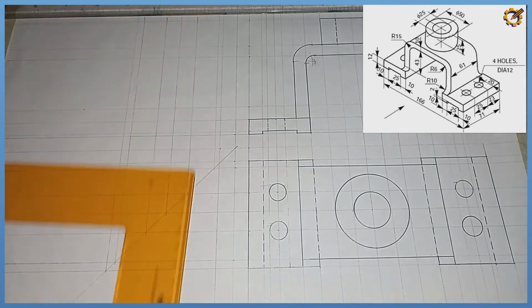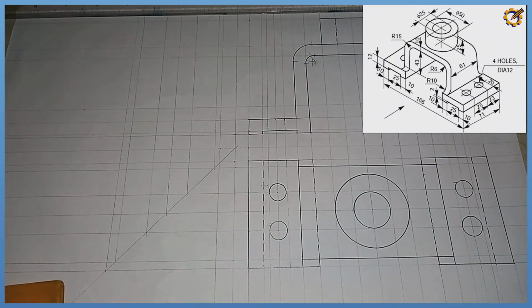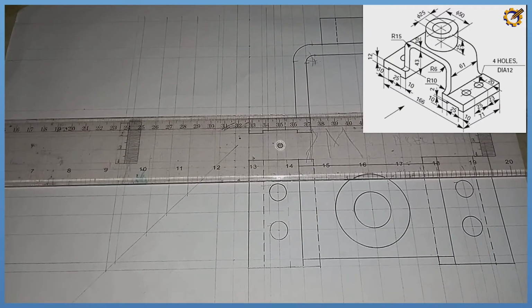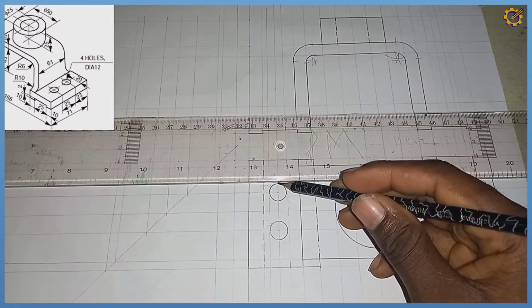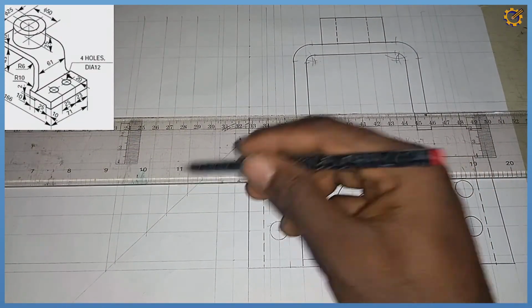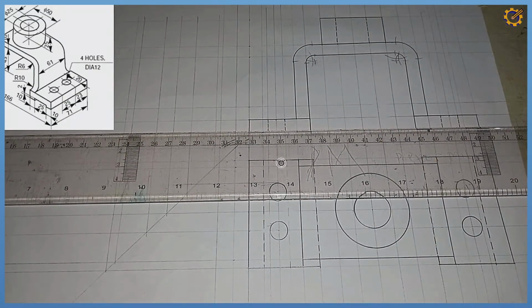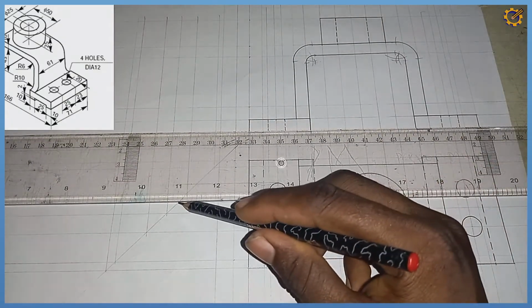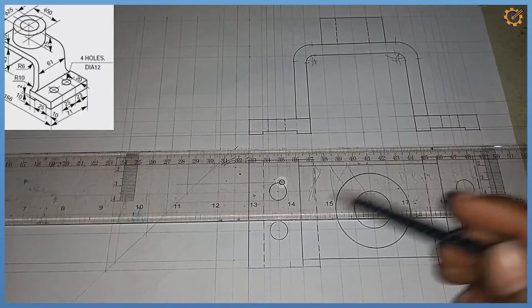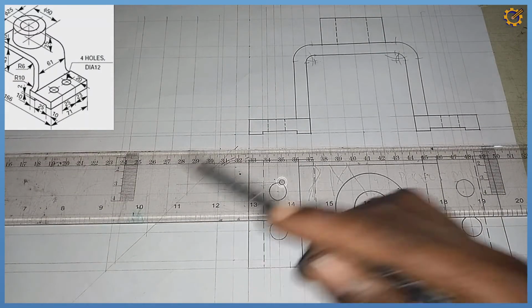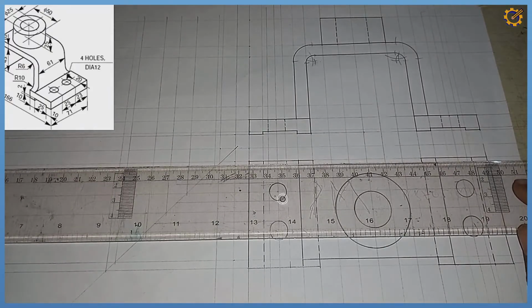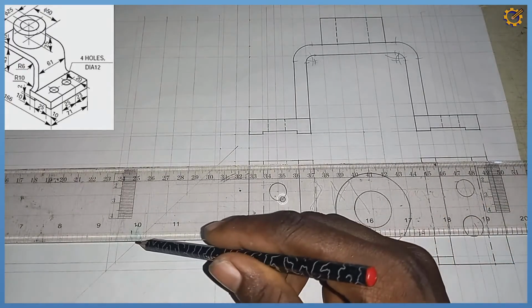There are several areas I'm going to draw out also, and that is for the circles. Firstly, this smaller circle here, I'm going to project horizontally like this and like this. This one also like this and like this.